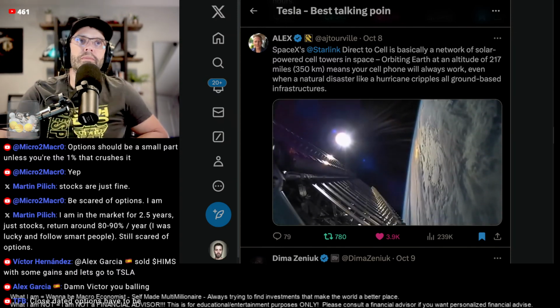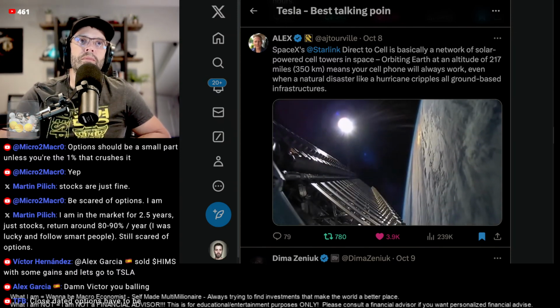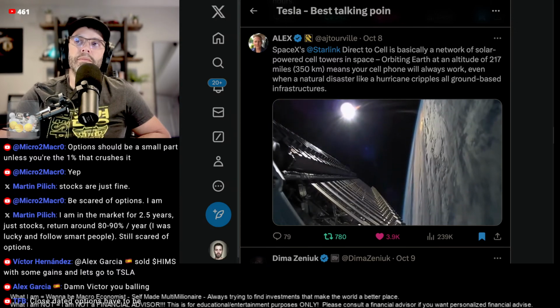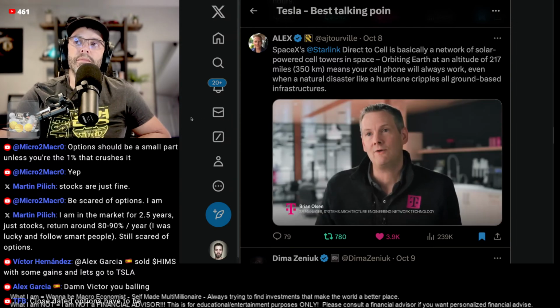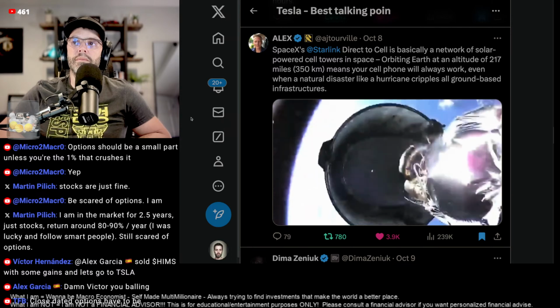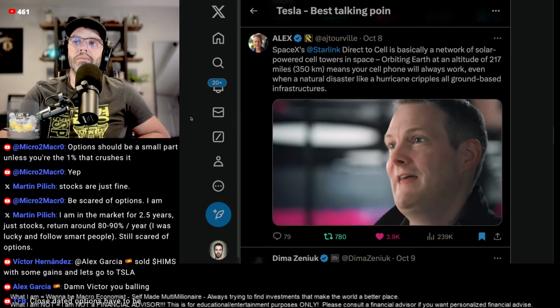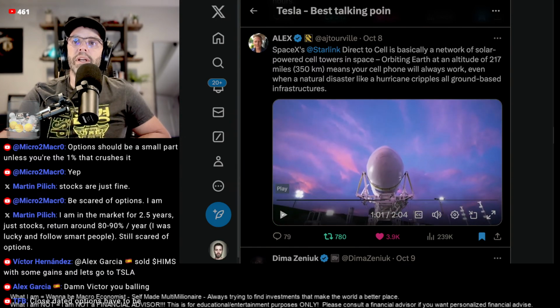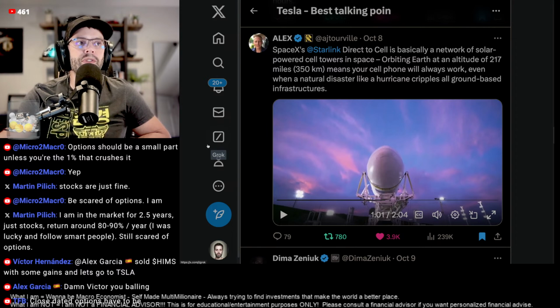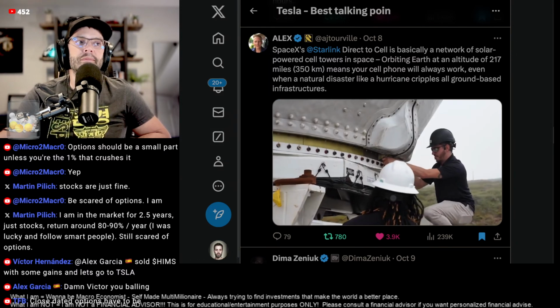It's exactly like a cell phone tower in space, except there's no tower, just a satellite. It's flying at 17,000 miles per hour, so you can imagine the challenges of trying to play ping pong as something is moving that fast. And there's over 7,000 of these in space. This technology did not exist a year ago.